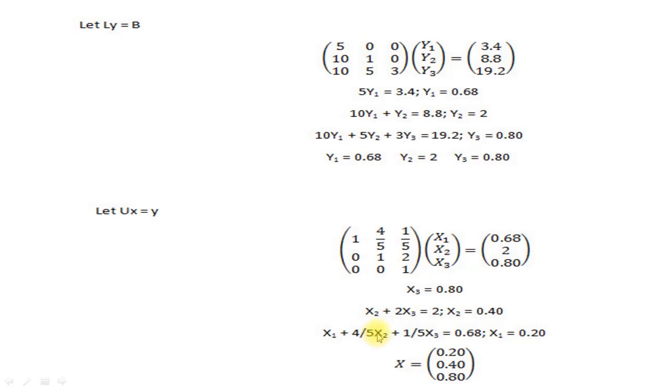Now putting the value of x2 and x3, we obtain x1 is equal to 0.20. So this is the solution of the system: X is equal to x1, x2 and x3. x1 is equal to 0.20, x2 is equal to 0.40 and x3 is equal to 0.80.